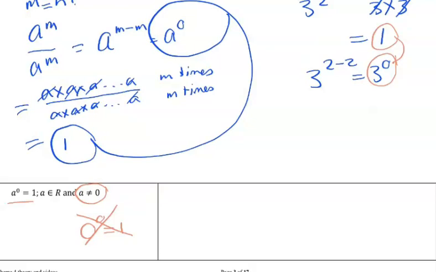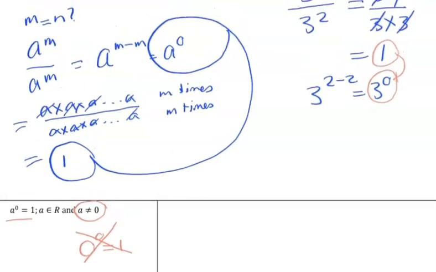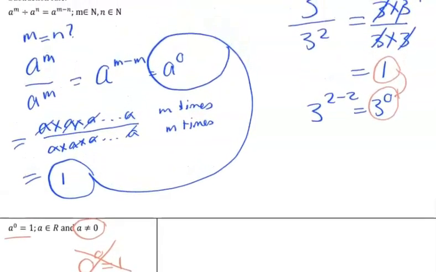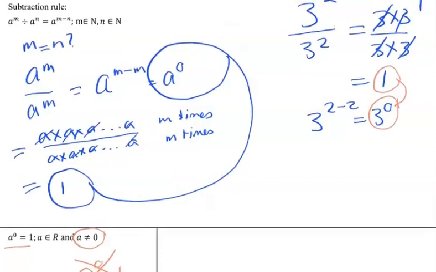But for all other a's, we will always get a to the 0 equal to 1. And it simply comes from the subtraction rule, where we have the denominator and the numerator to the same power, the bases to the same power. So we divide and we get the answer of 1.